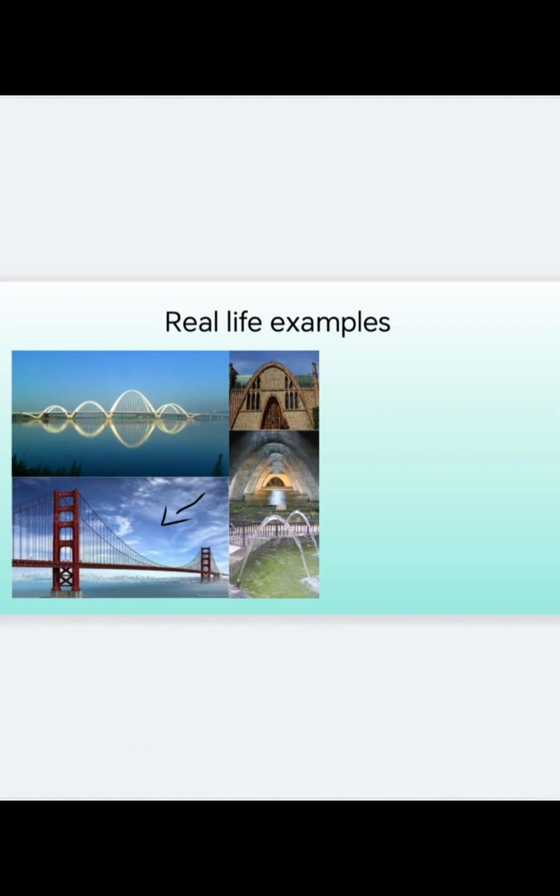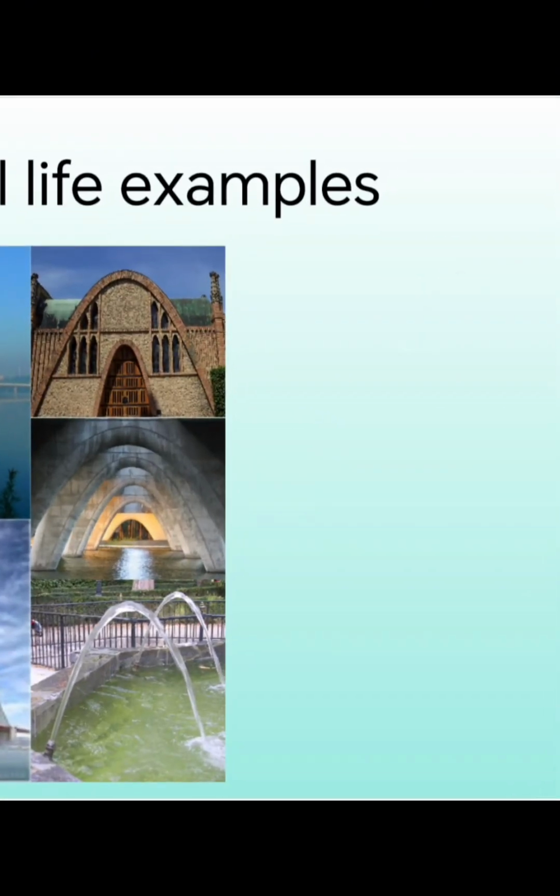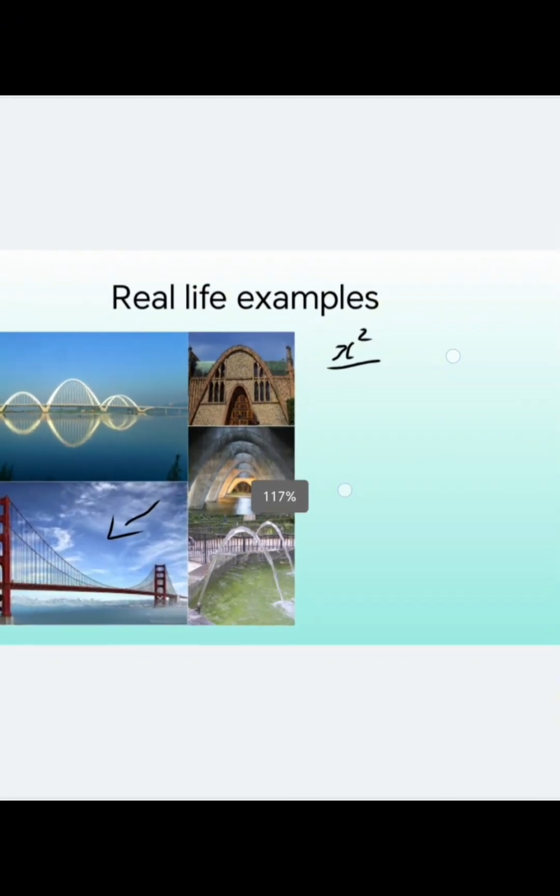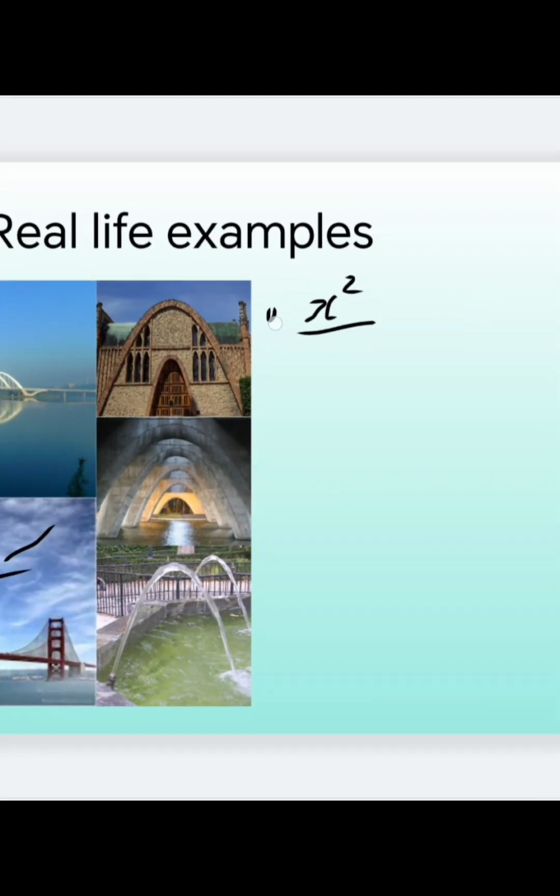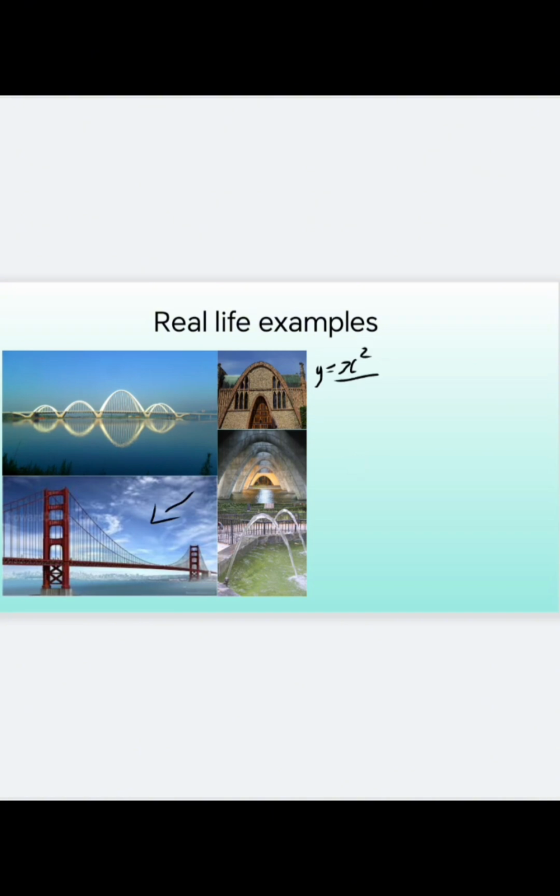The engineers, when they built this bridge, used the same thing. They used a parabolic function, the power of 2. They used the same formula that we are using. Because they also did mathematics, they used the same formula when they built the bridge.